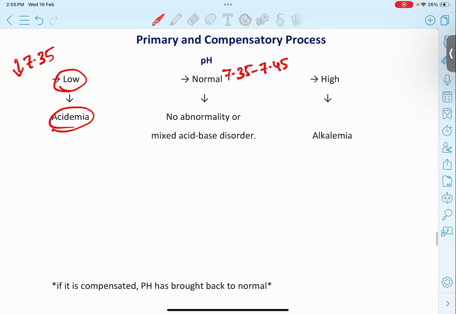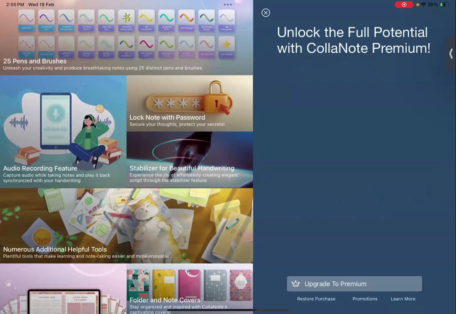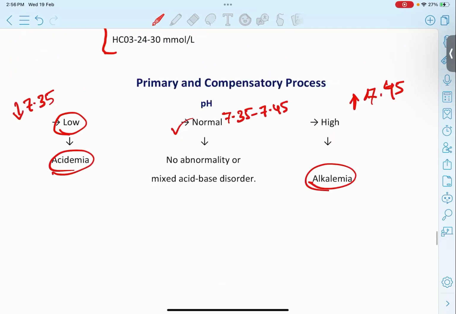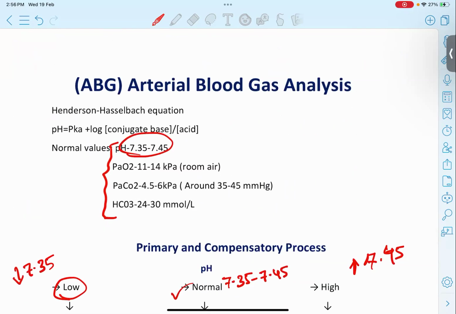If it's above 7.45, then it is called alkalemia. If it's between 7.35 and 7.45, it is normal, or it can also be a mixed acid-base disorder, or a situation where compensation has been done, and this is why the pH is normal but you will see some abnormality in CO2 or bicarb.